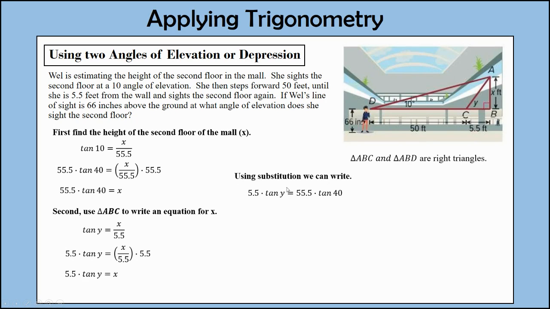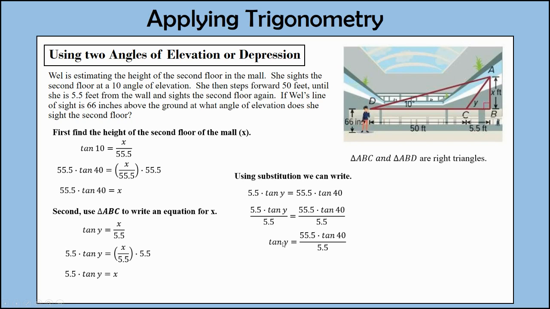Now notice I only have the tangent of y remaining in here. Okay, so I'm going to solve for that. I'm going to divide each side by 5.5 to isolate tangent of y. I get the tangent of y is equal to, and I just left it like this for now, 55.5 times the tangent of 40 divided by 5.5.